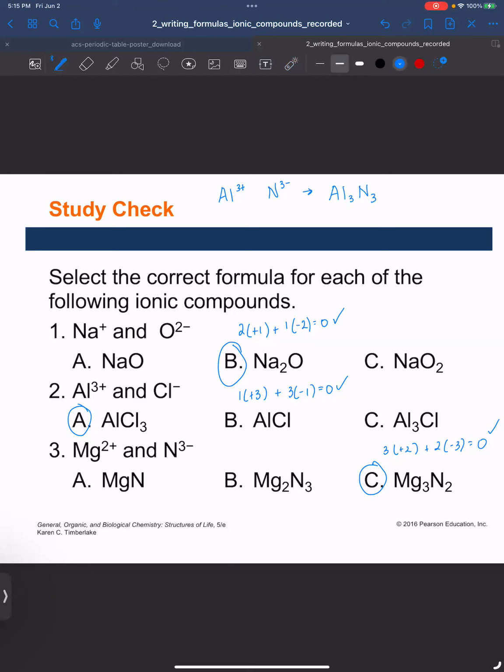But remember, when we're reporting ionic formulas, we give the simplest whole number ratio. So if you end up with something like this, where they have the same charge that's greater than 1, then you want to divide to make it the simplest whole number ratio. So this would end up being AlN for aluminum nitride, because you're dividing 3 by 3 and getting the simplest formula.